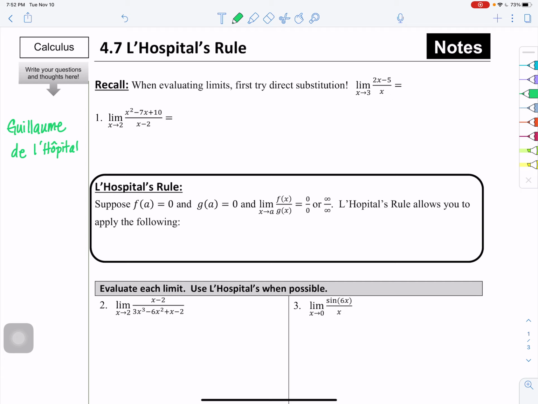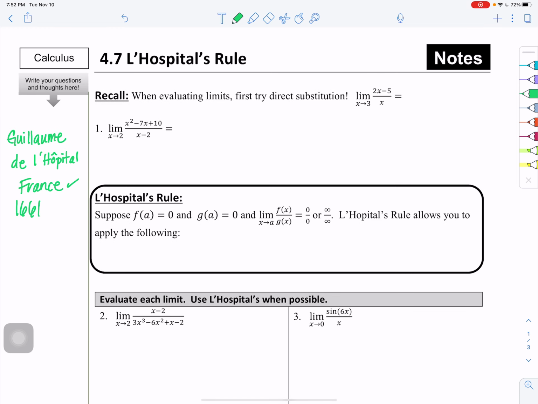It's pronounced Guillaume de L'Hopital. He was a French mathematician, 1661 to 1704. And you can look him up if you want to learn more about him.